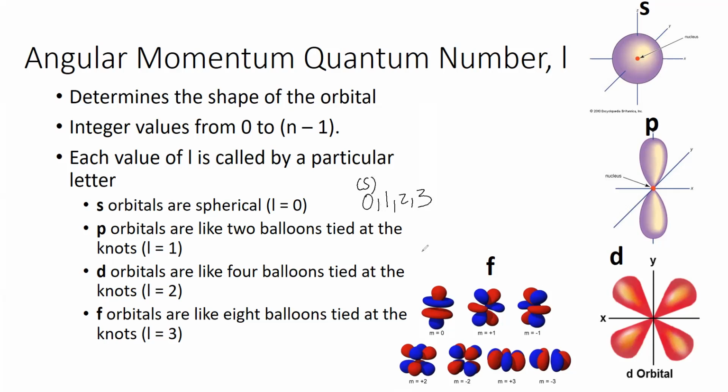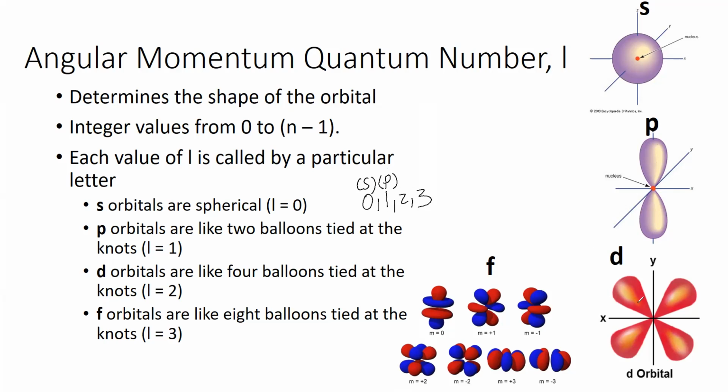If L is equal to 1, you're going to be in this balloon shape or this figure 8 shape around the nucleus. You're going to be found somewhere in this cloud. And we call that the p orbital.